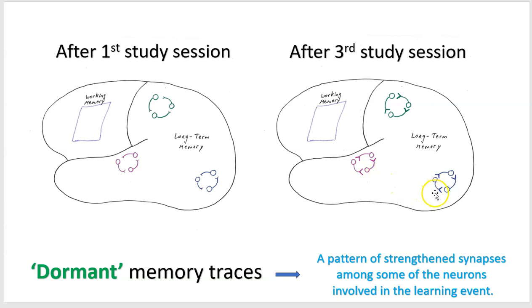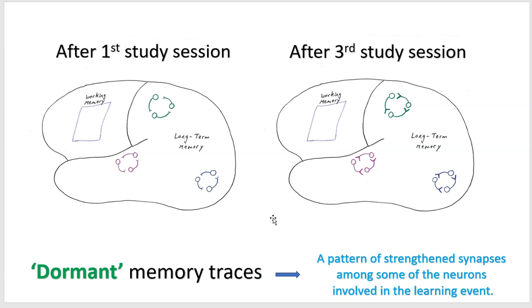So a memory trace, when we're not using that information, just exists as a set of strengthened synapses among some neurons that were activated during the learning event. So that would be a dormant memory trace. You have all kinds of dormant memory traces right now. They're in your brain. It's when we reactivate those memory traces that we retrieve the information.